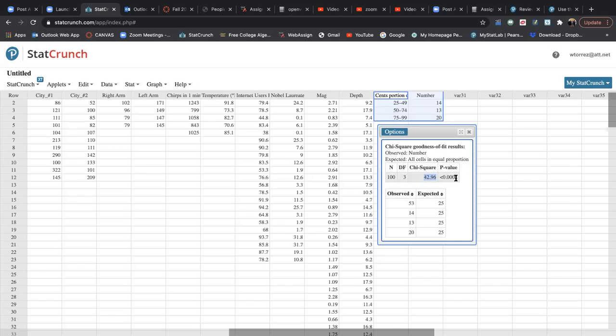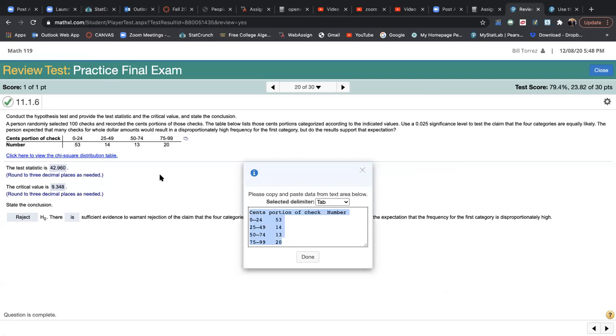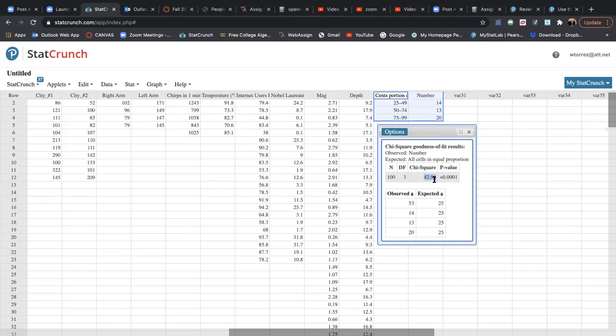And the corresponding p-value is very small, very close to 0. Okay. Now let's take those results and answer the questions in our problem. We see that the test statistic was 42.96, right, from our test.